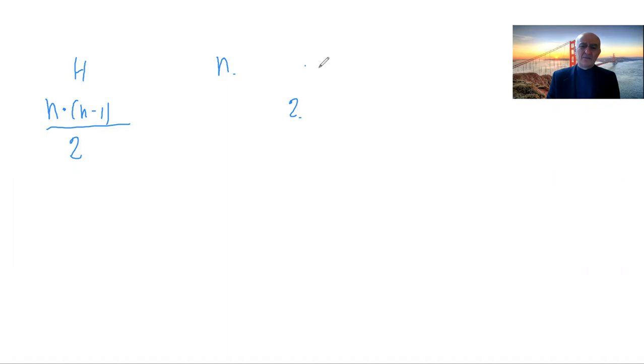And I claim that I translated it correctly: I have a set with n elements, and I need to find how many subsets with two elements there are.